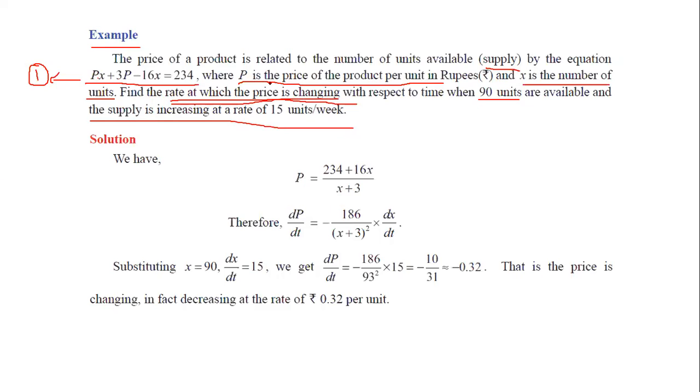We need to find the rate of change of price, that means dp by dt. So p equal to 234 plus 16x by x plus 3.